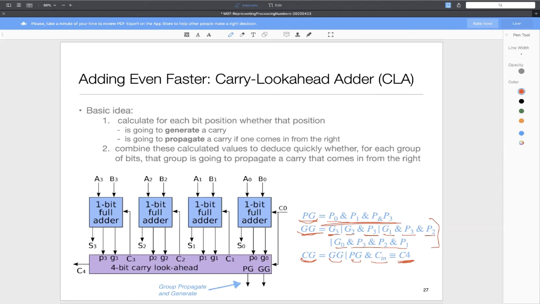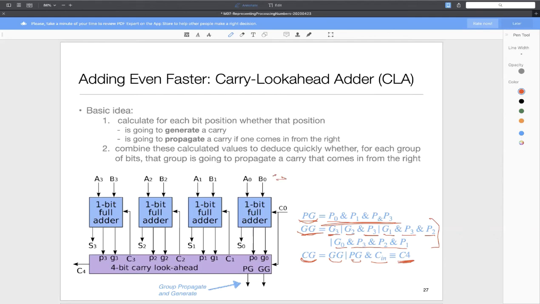These are the 2 scenarios that any set of bits will generate. Their values could be such that they are generating a carry, or they are propagating a carry which came in. And so we are structuring addition in terms of this generate and propagate. And generate and propagate can be computed very quickly because they don't depend upon carries at all. They are a property only of the A's and B's.